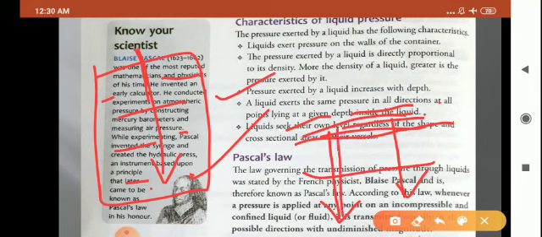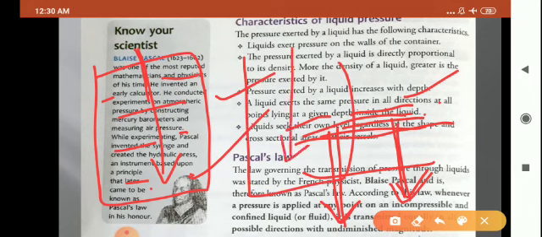But as you move down deeper, the pressure exerted by the liquid increases. जितना ज़्यादा आप पानी के अंदर जाते जाओगे उतना ज़्यादा liquid आपके ऊपर pressure exert करता जाएगा, the more you go deeper inside the river water or sea water.